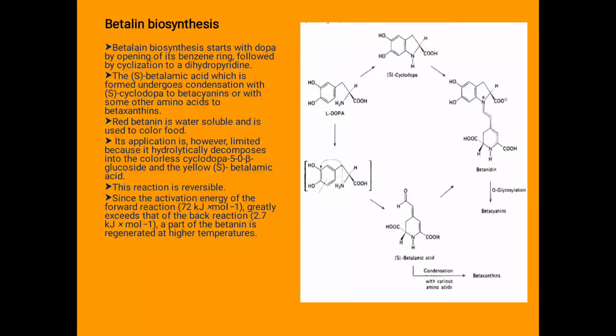In this slide we are going to see betalain biosynthesis. Betalain biosynthesis starts with DOPA, by the opening of the benzene ring, followed by cyclization to a dihydropyridine.